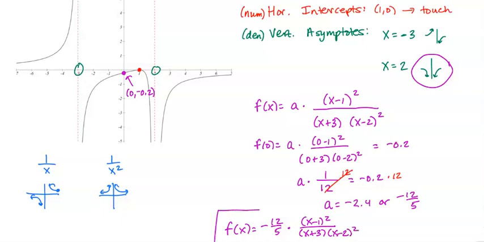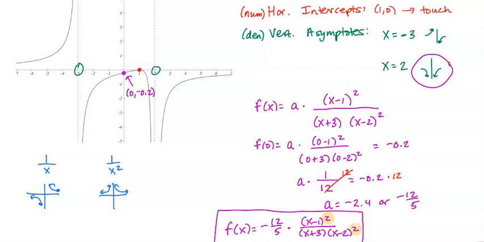With a rational function, it's fine to just write the leading coefficient out in front of the function like that. If you wanted to put the negative 12 in the numerator and the 5 in the denominator, that would be fine as well. It would also be fine to write that as a negative 2.4 out in front. The key part on this one that makes it a little bit more challenging are those exponents.